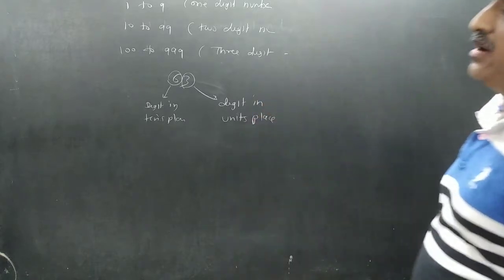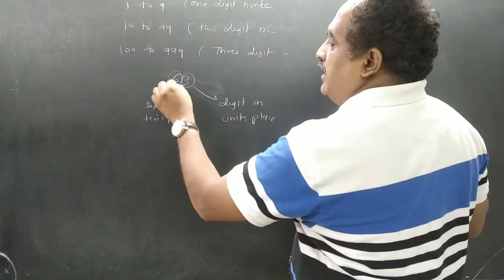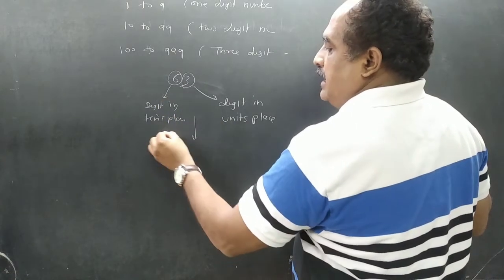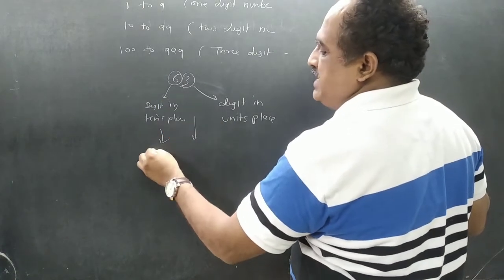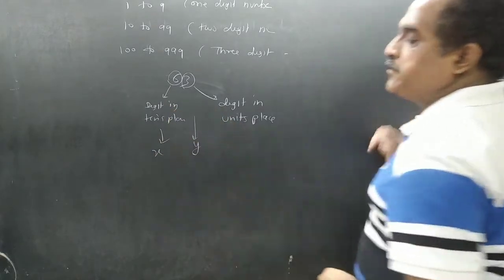But see now, suppose I take the digit in tens place as x, and the digit in units place as y.